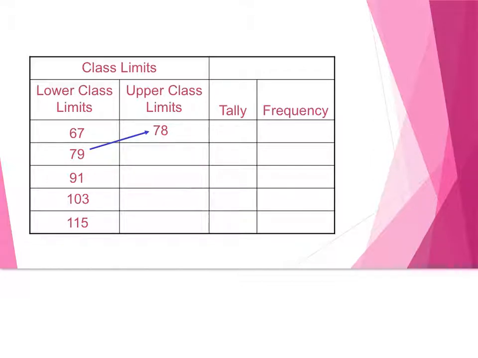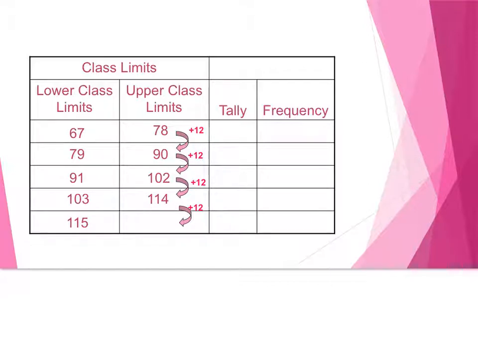Now, I could follow that logic down if I want to, or I use my class width. The class width is the distance when you go down the columns. So I add 12, add 12, add 12, add 12, until I get to the end.